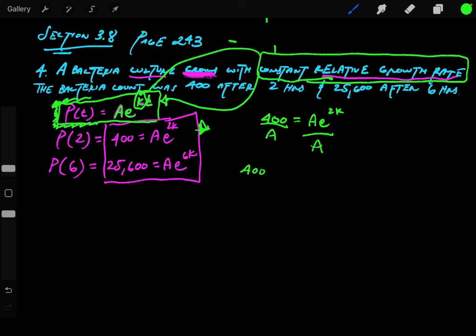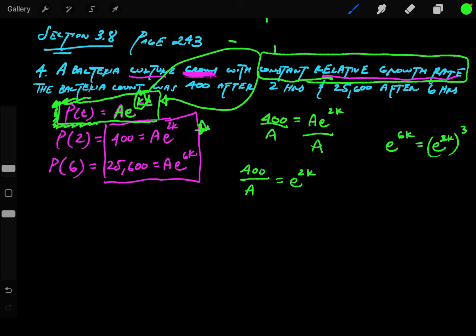You get 400 over a is equal to e to the 2k. And then I'm going to say that e to the 6k is equal to e to the 2k, to the third, right?